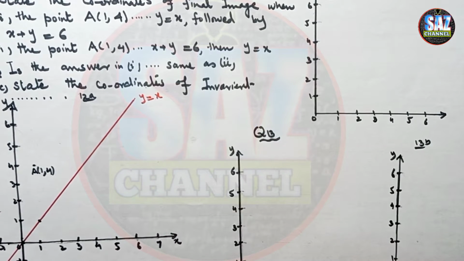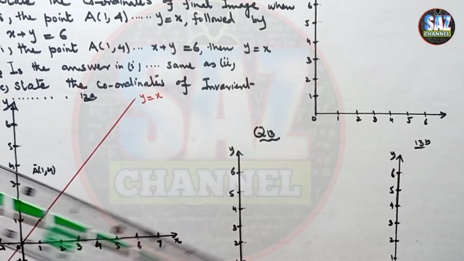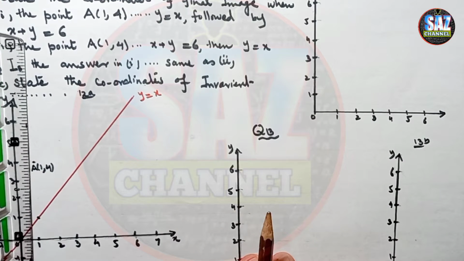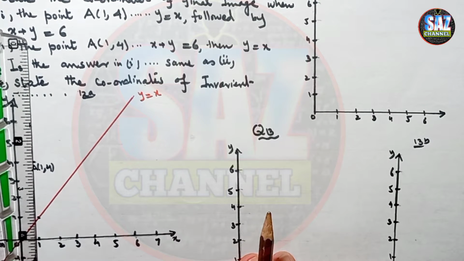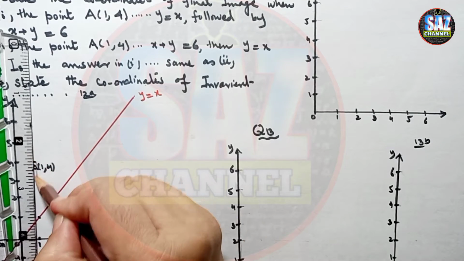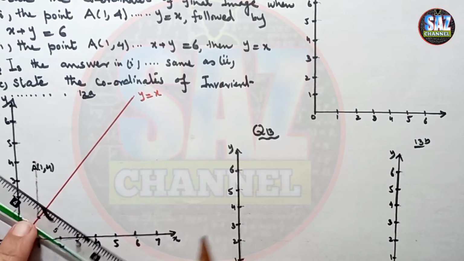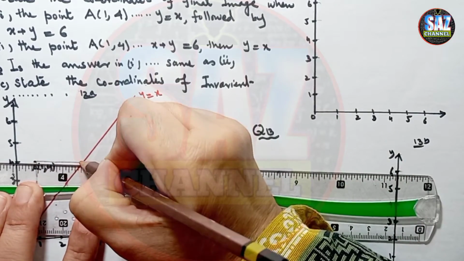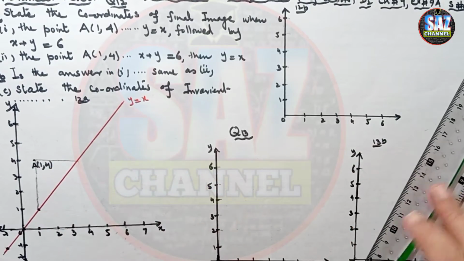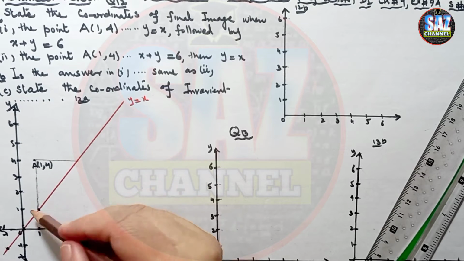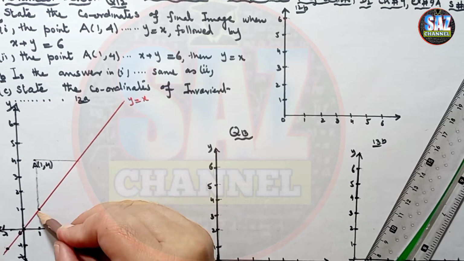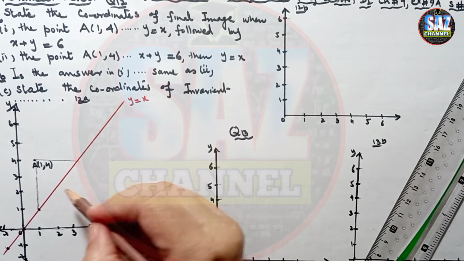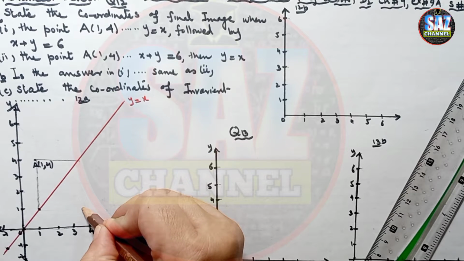Now what I can do, I can complete the right triangle from this point towards the mirror line. We have to complete the half part of this right triangle on the other side of the mirror line as well.